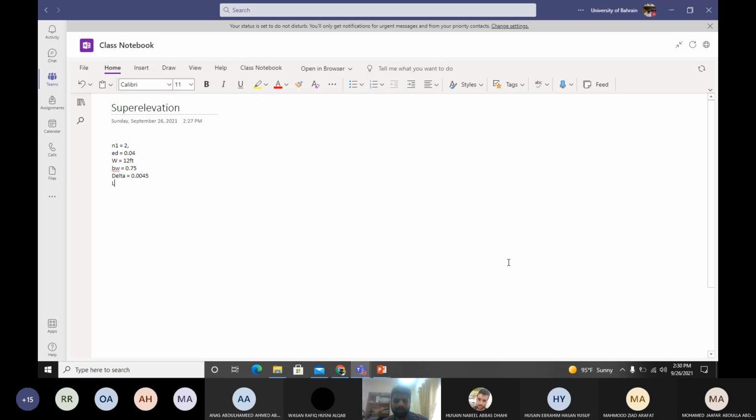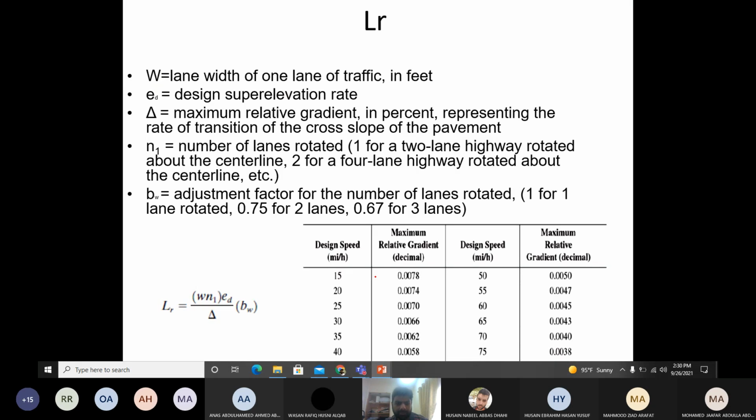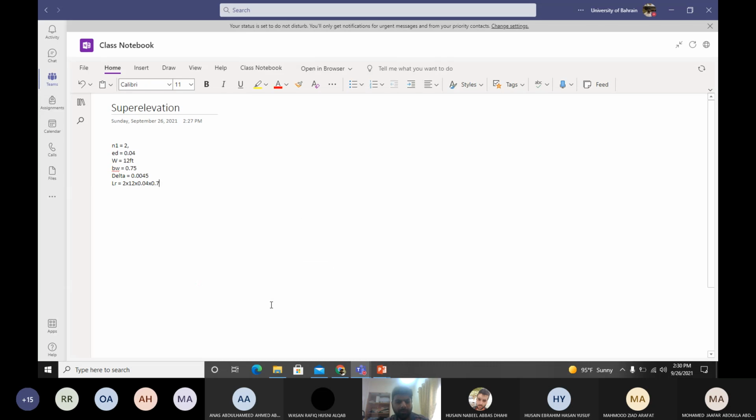Now if we are calculating LR, it will be 2 into 12 into 0.04 into 0.75 divided by 0.0045.